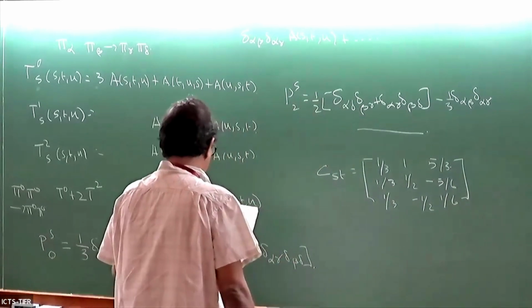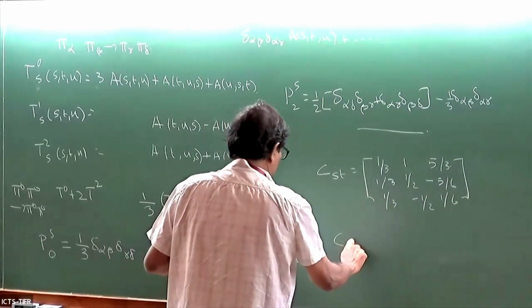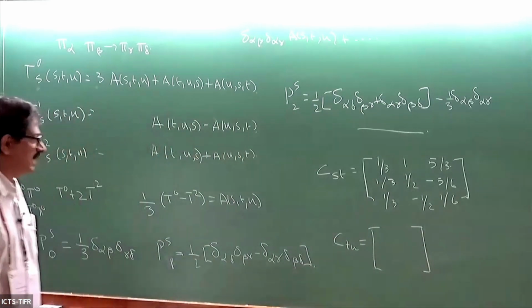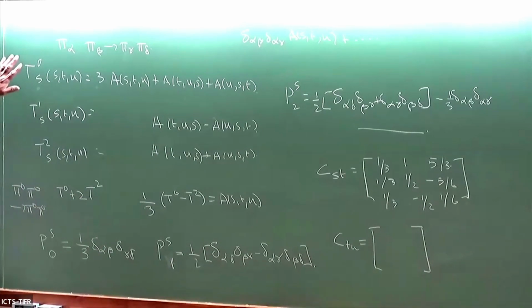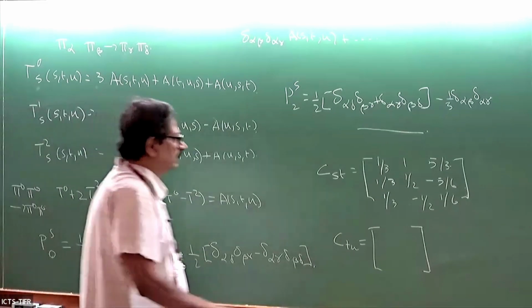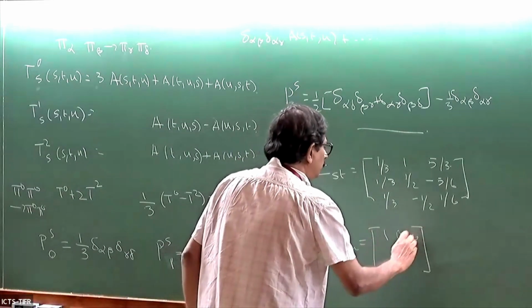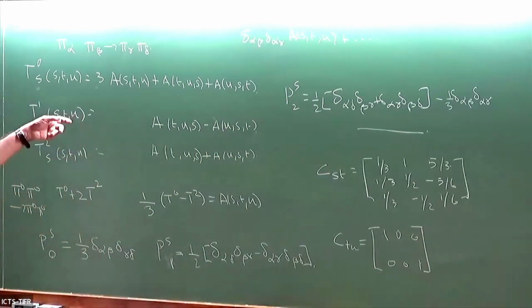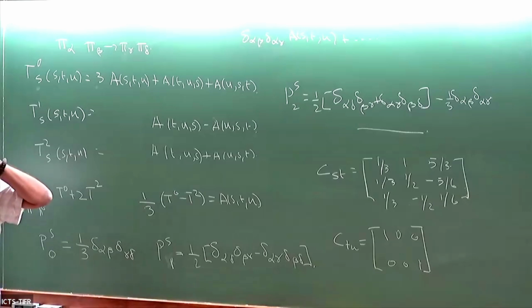Now I ask you a simple question. What happens when you cross T and U? When we cross T and U, we already said that the isospin 0 and the 2, nothing happens to them, right? Under TU interchange. So that will therefore be 1, 0, 0 and 0, 0, 1. But what happens to the isospin 1 combination under the interchange of T and U? It changes, flips sign.